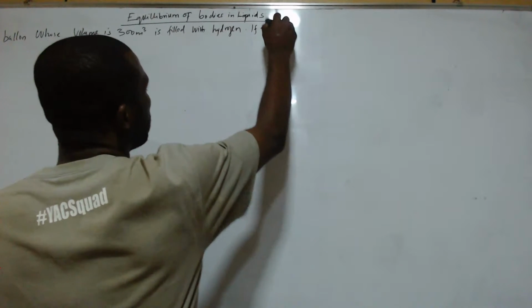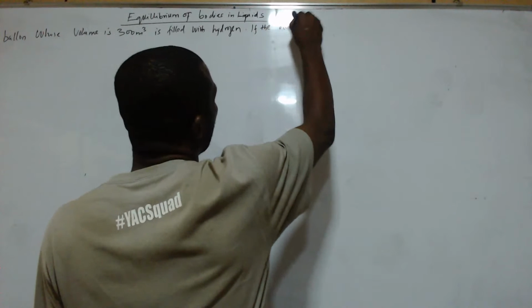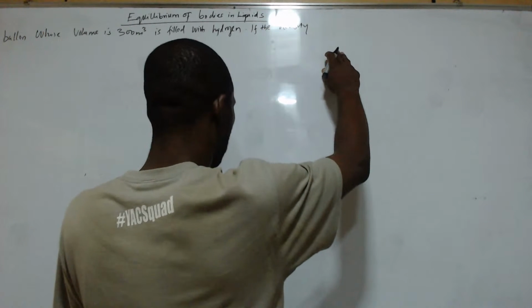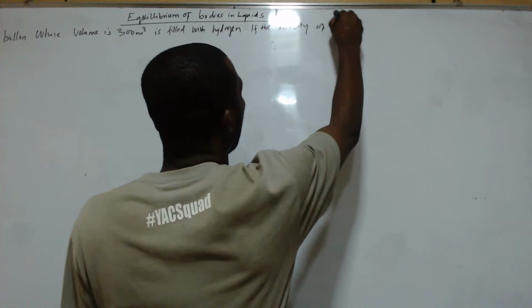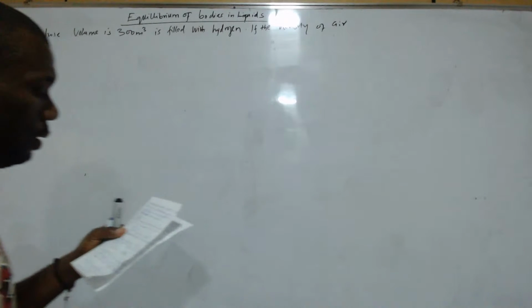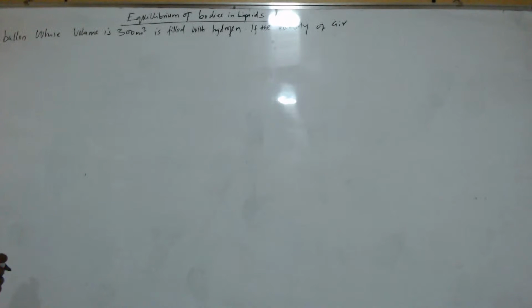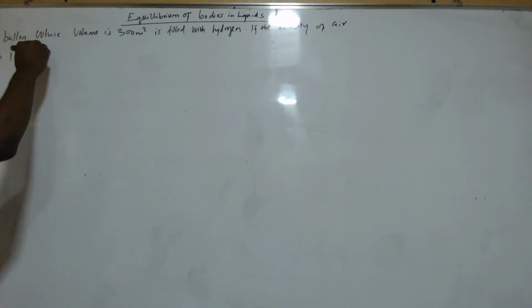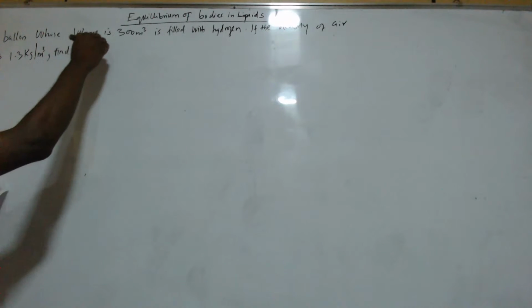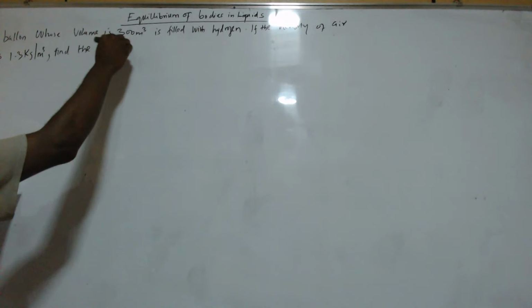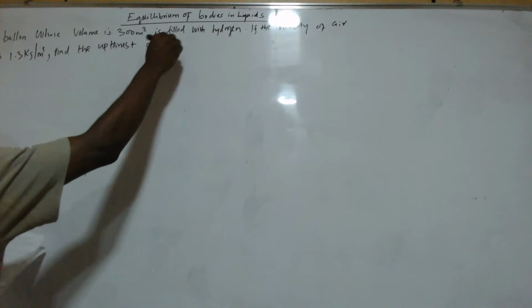If the density of air is 1.3 kilogram per meter cube, find the upthrust on the balloon.